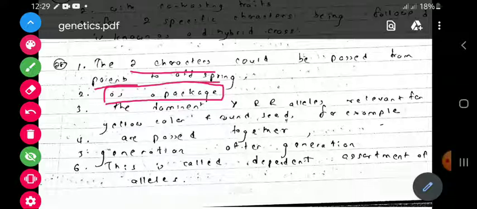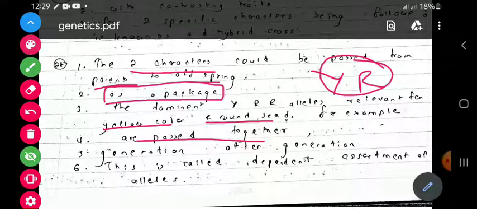As a whole, the dominant Y and the capital R alleles relevant for yellow color and round seeds, for example, are passed together, as this unit, generation after generation. This is called dependent assortment of alleles.